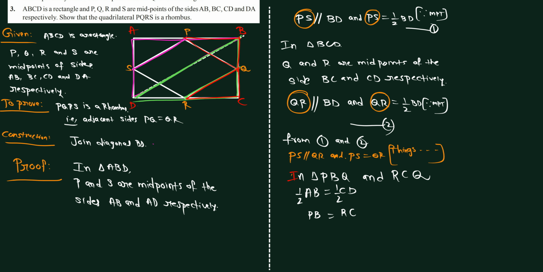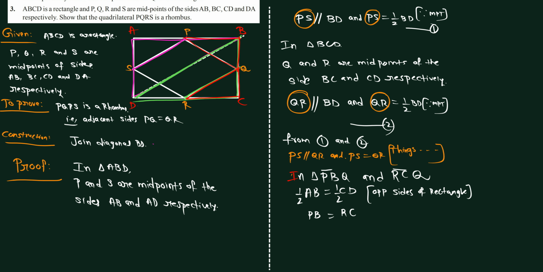Already you know that P and R are the midpoints of the sides AB and CD. Okay. So can I write like this? Yes, sir. So PB equal to RC. Now we have proved PB equal to RC. This you write here: opposite sides of rectangle. Opposite sides of rectangle.